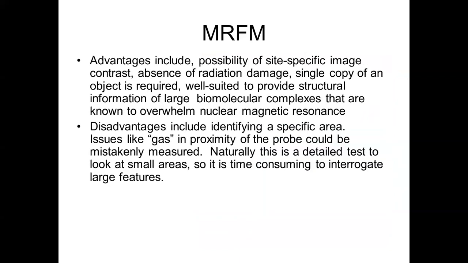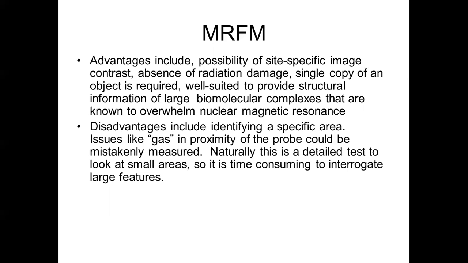These advantages include the possibility of site-specific image contrast, absence of radiation damage, and a single copy of an object is required. This is well suited to provide structural information of large biomolecular complexes that are known to overwhelm other larger scale nuclear magnetic resonance systems. The disadvantages include identifying a specific area.